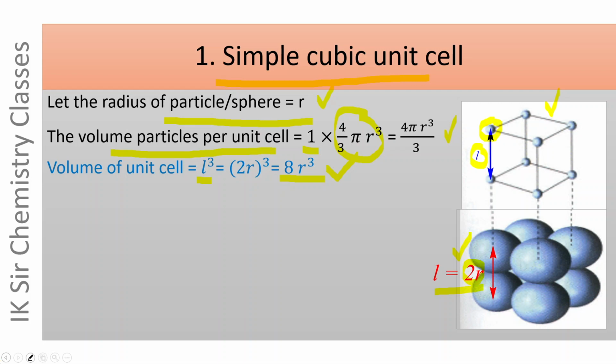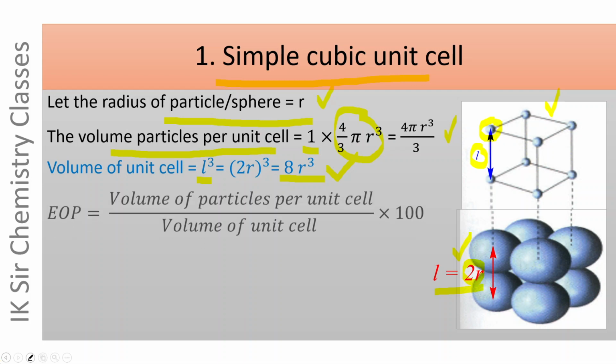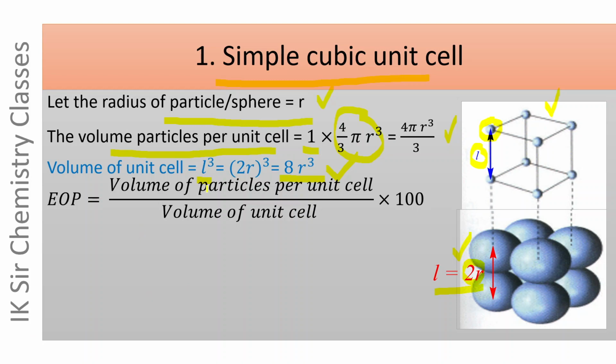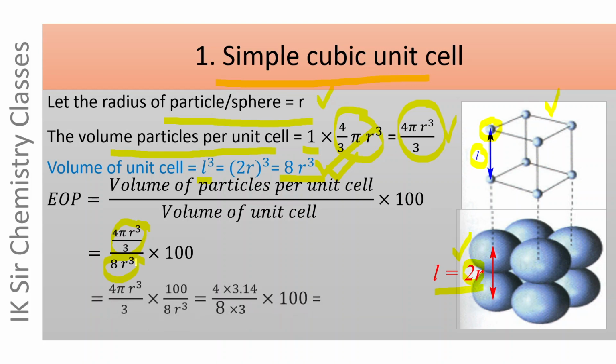Accordingly, the efficiency of packing can be calculated as follows. Efficiency of packing is equal to volume of particles per unit cell divided by volume of unit cell and multiplied by 100. The volume of particles per unit cell is equal to 4 pi r cube by 3, and it will be divided by the volume of unit cell, that is 8 r cube. On solving, we get 4 pi r cube divided by 3 and multiplied by 100 divided by 8 r cube.